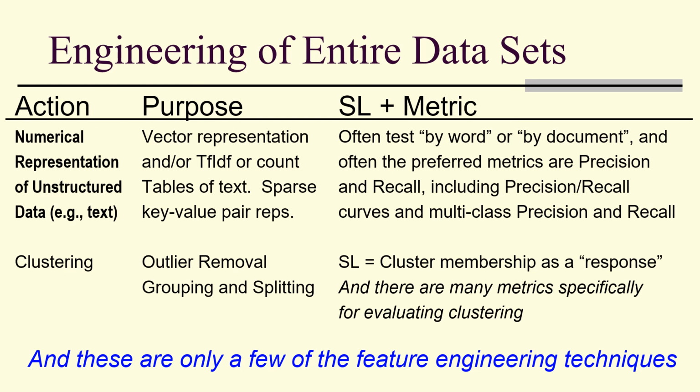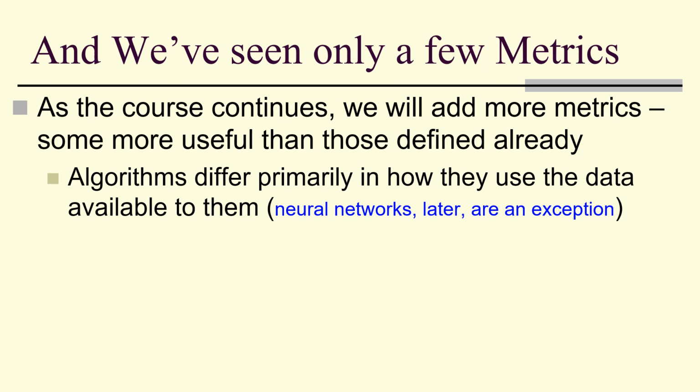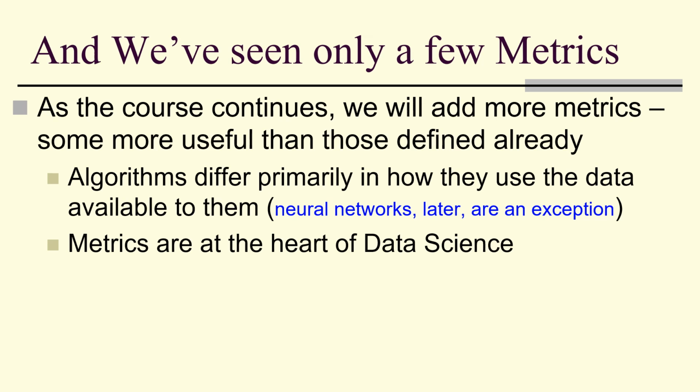These are only a few of the feature engineering techniques, and only a very few metrics. We'll see more, some more useful than we've already seen. Algorithms differ primarily in how they use the data that's available. Neural networks will be an exception; I'll talk about that later.